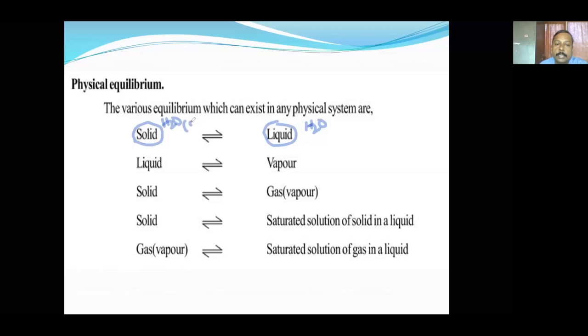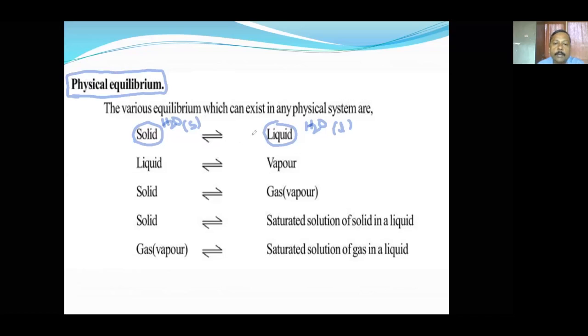Here it is ice, which is solid, and here it is liquid. Where the chemical formulas of reactant and product are the same but equilibrium is still attained, it is called physical equilibria. If the chemical formulas of the reactants and products are different, it is called chemical equilibria. So there are two types of equilibria: physical and chemical.